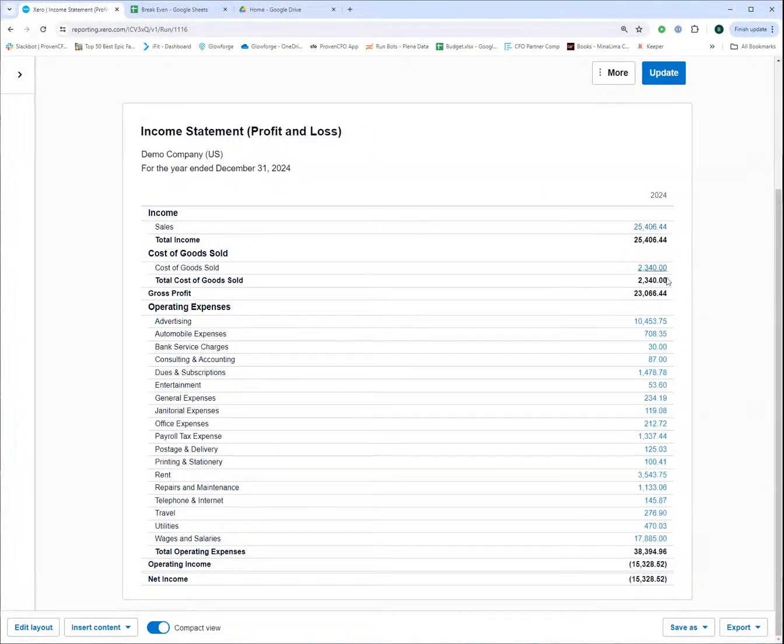Basically, it tells us how much money we get to utilize from each dollar sold, what percentage of that we get to use to help cover our day-to-day operational costs, also known as fixed costs. So we like to look at overhead or operating expenses as our fixed cost number.